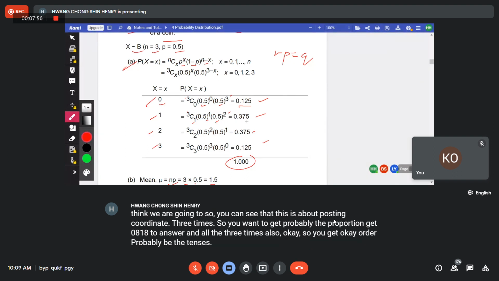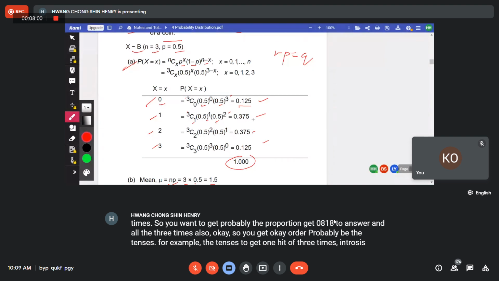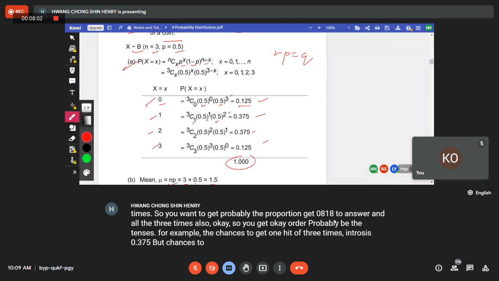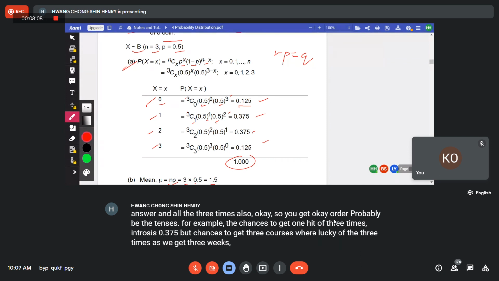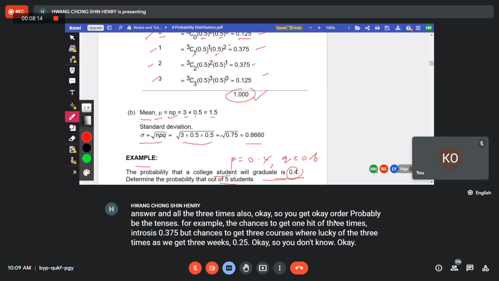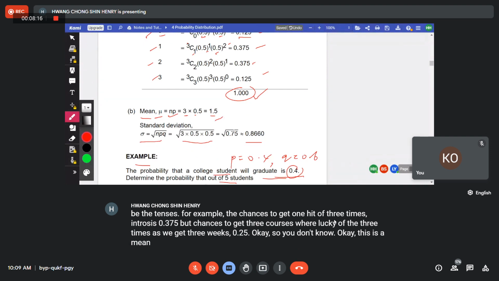For example, the chance to get 1 hit out of 3 tosses is 0.375. The chance to get 3 hits out of 3 tosses, very lucky, is 0.125. Okay, so your total must equal 1. Now this is your mean, N times P, and standard deviation, square root of N times P times Q.